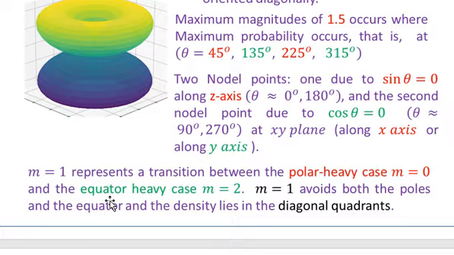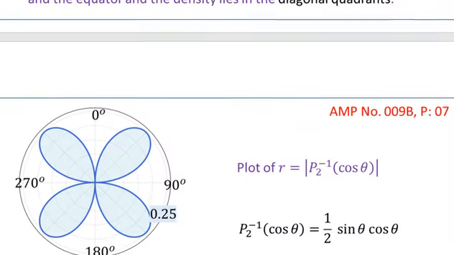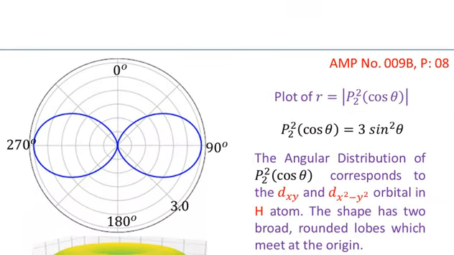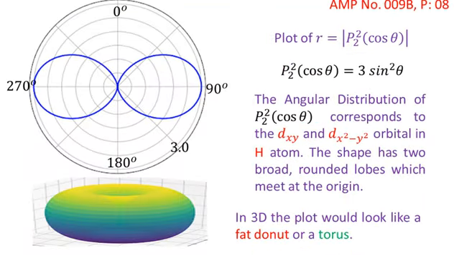And we shall notice later, in the next 2 to 3 pages, when we discuss the m equal to 2 case, we shall call it an equator heavy case. Let me show you that case also. For example, this is the equator heavy case, because this is lying along the equator plane.